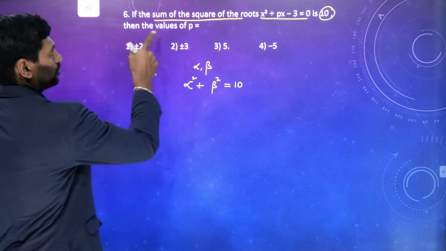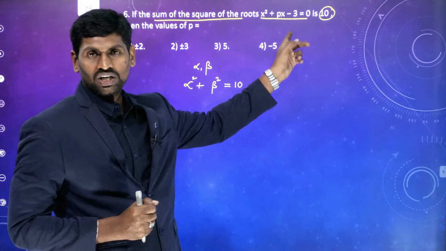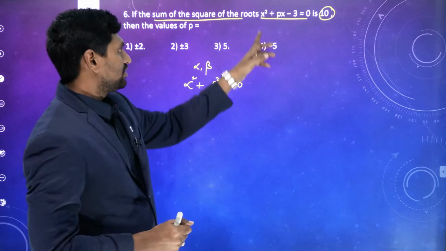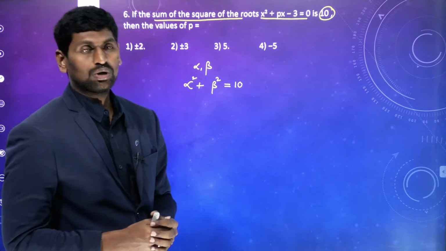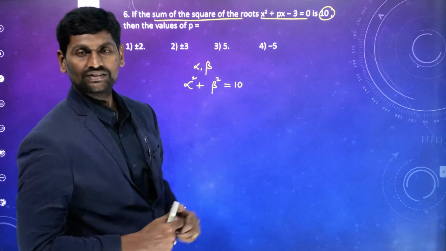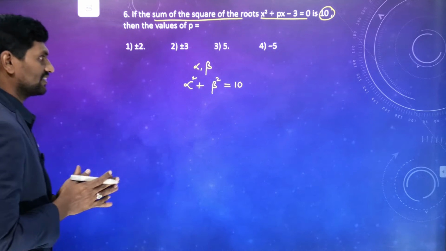Now then the value of p, the p is nothing but the unknown value in the given quadratic equation x square plus px minus 3c. Here p is the coefficient of x.